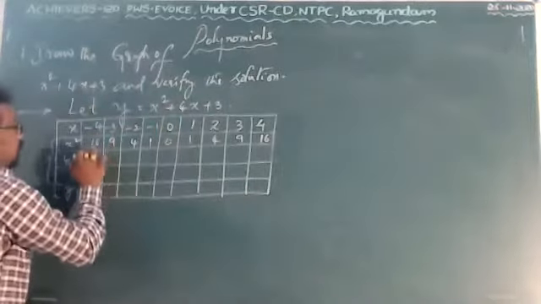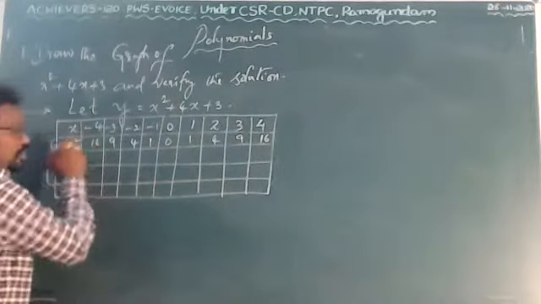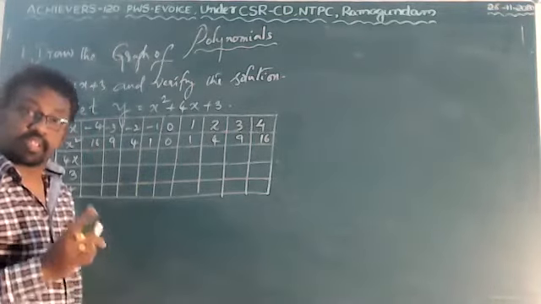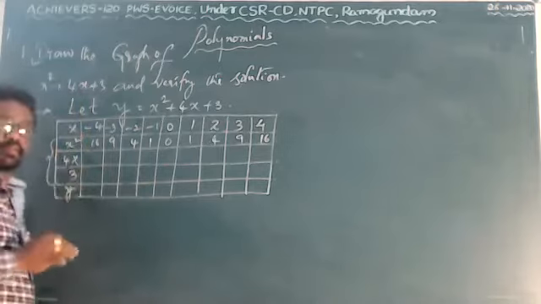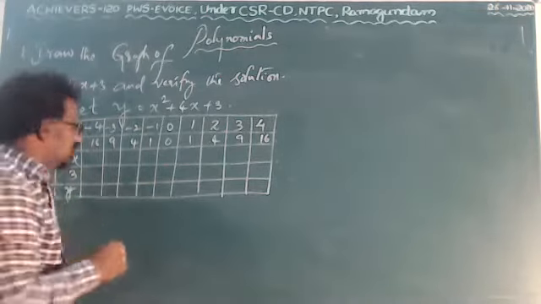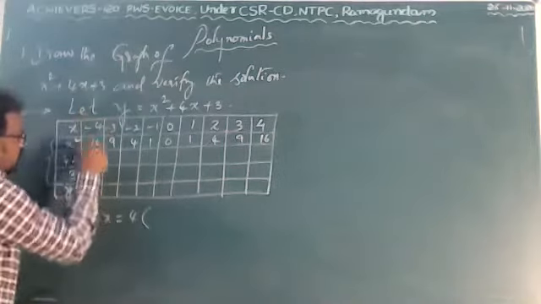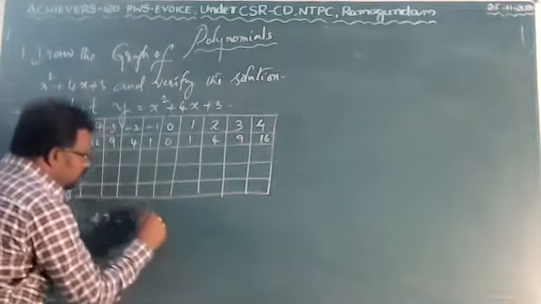Now comes x square. If you take minus 5, plus 25 you will get, minus into minus is plus, 5 fives are 25. Now 4x, nothing but 4 into x. In this column, x is minus 4.